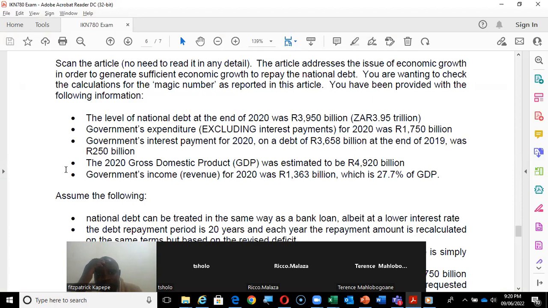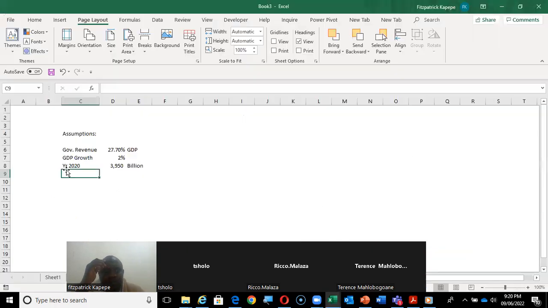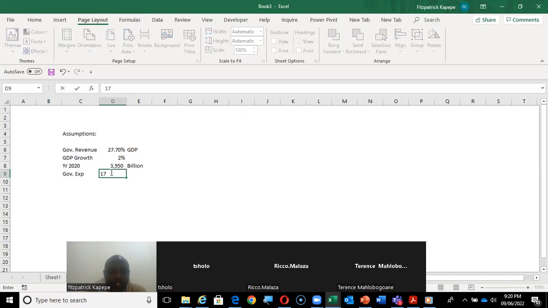Then we are told government's expenditure excluding interest payments. So government expenditure is 1,750. This is without debt servicing or interest.